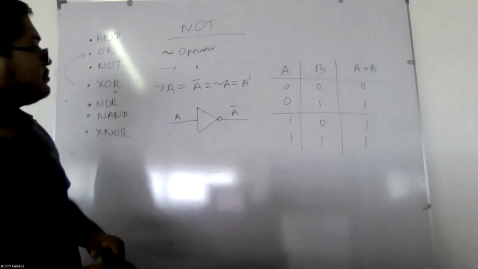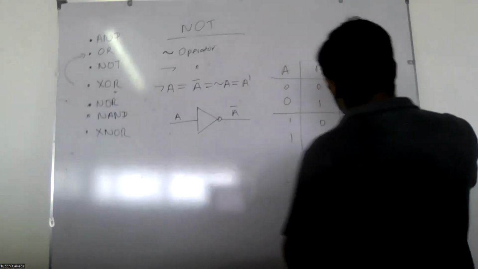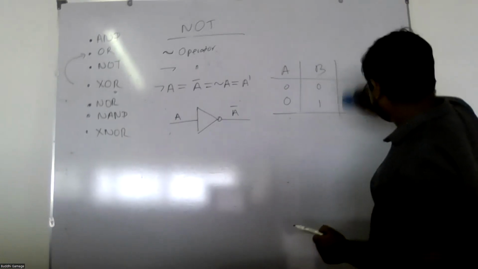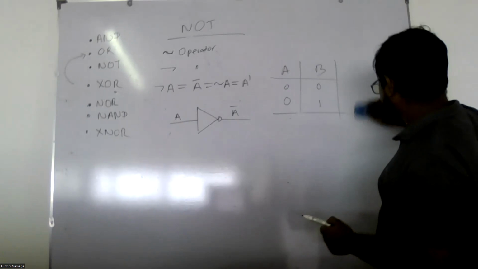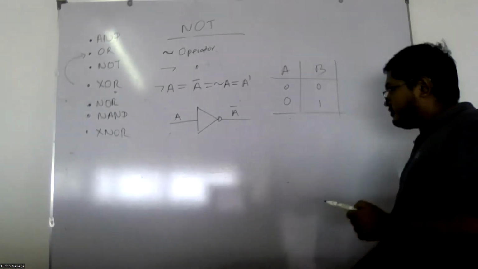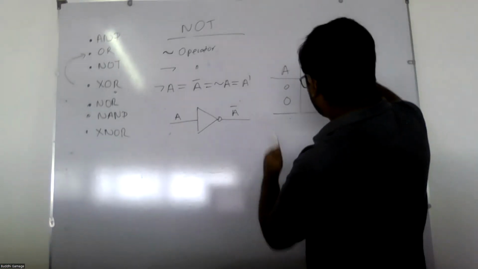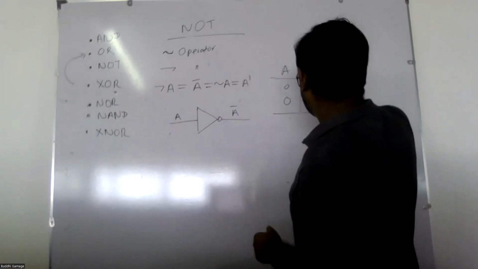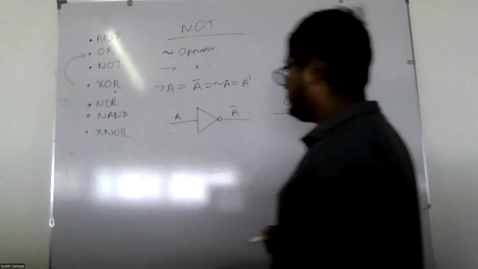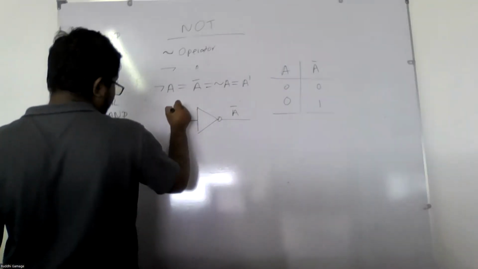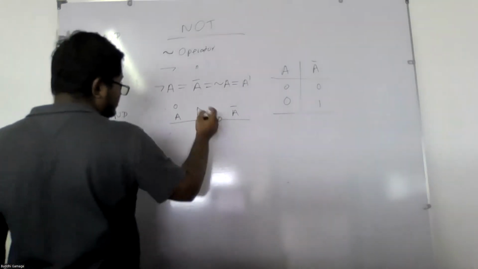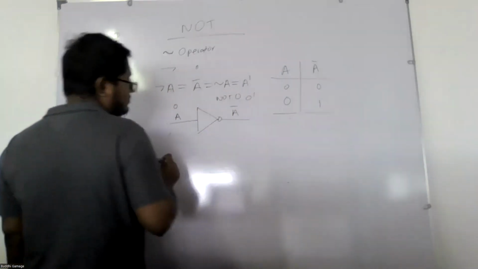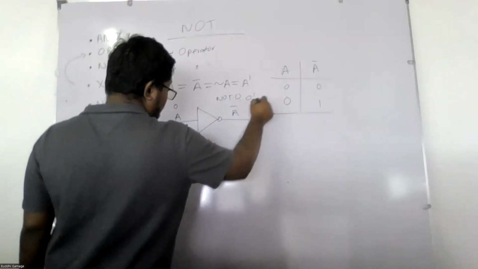There is only one input, so there will be only two rows. A, and the output will be A bar. It means if it is 0, NOT 0, or 0 bar, will be 1.